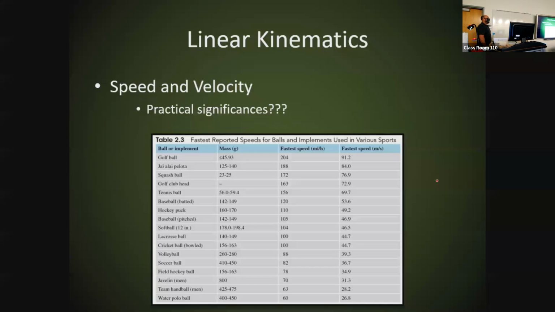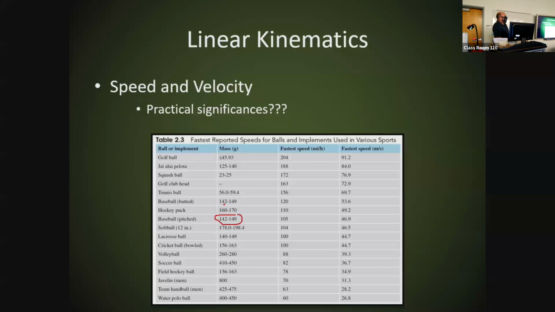What is going to matter, actually maybe a little bit of stuff that we'll talk about today, is mass and the acceleration of that mass. That's the big part. A baseball that weighs, what's a baseball? 142 to 149 grams right there.